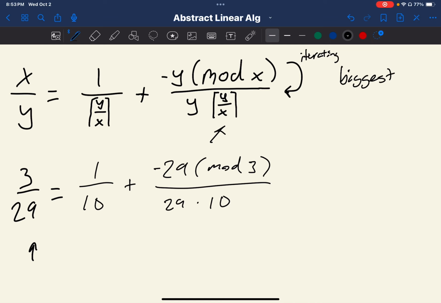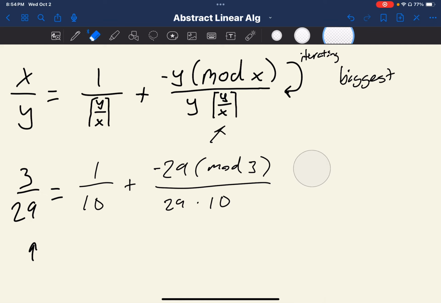So what modular arithmetic means and what the negative in this instance means is we add 3 to negative 29 until we get something that is between 1 and 3, and we're going to stop when that happens. So if I add a bunch of 3s, I'll get negative 26.